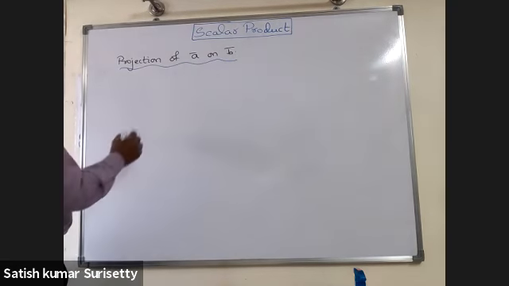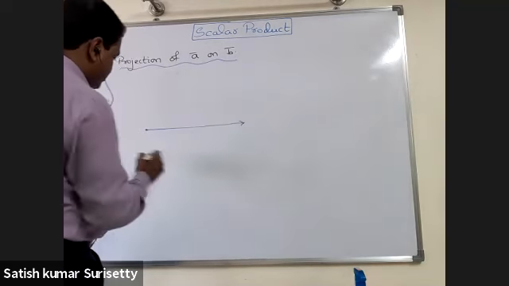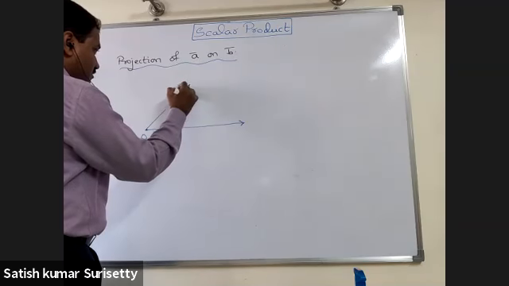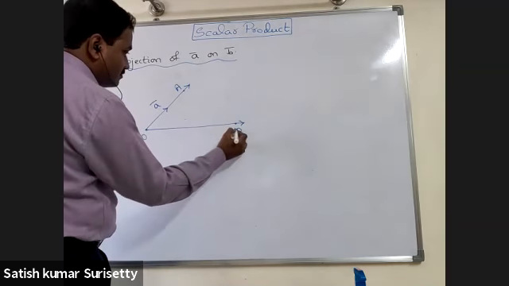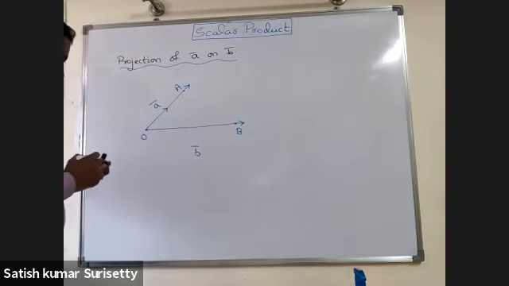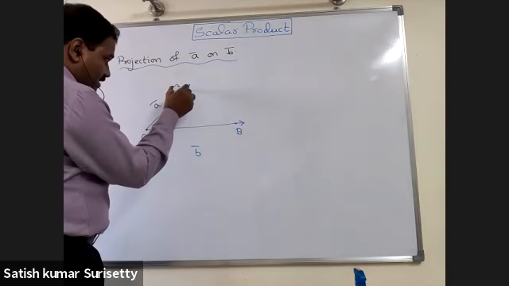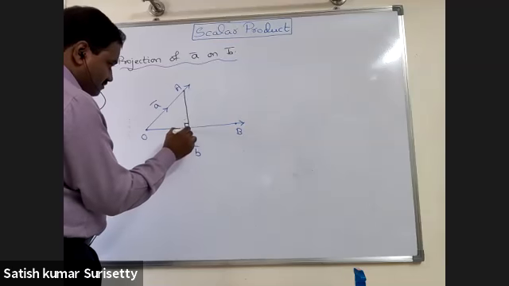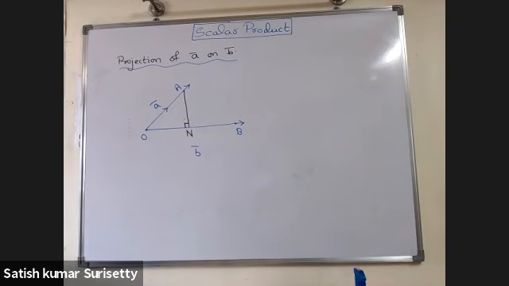Projection of A bar on B bar. Let OA bar equal to A bar and OB bar equal to B bar. Draw perpendicular from A on OB, that is, N is the foot of the perpendicular drawn from A on OB.